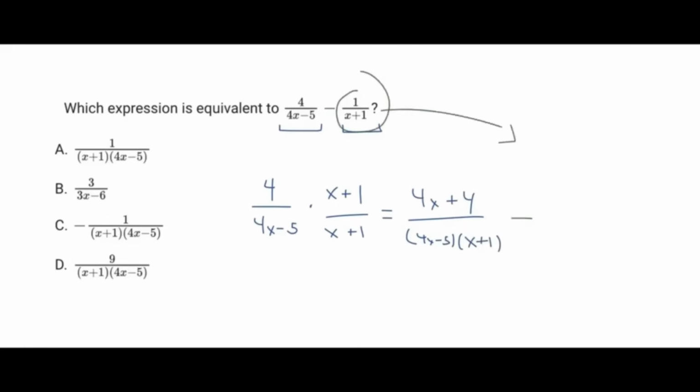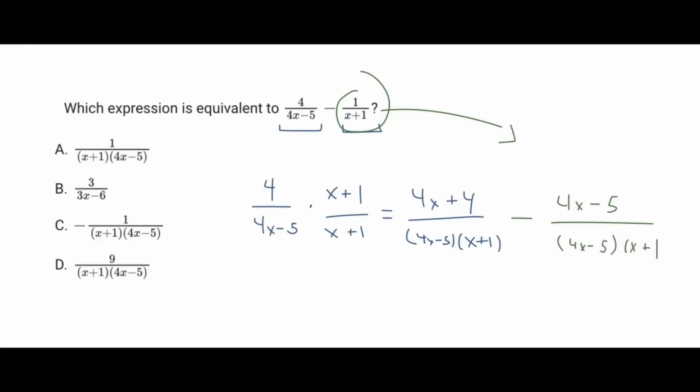We're going to be multiplying this by 4x minus 5 over 4x minus 5. And so therefore we will get 4x minus 5 over, and then we get x plus 1. So that's just going to be the same thing, 4x minus 5, and then x plus 1.